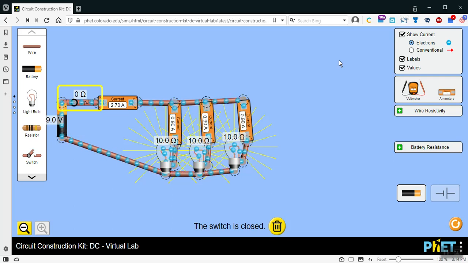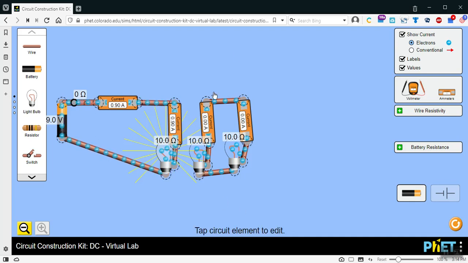And we end up with 3.3 repeating. So if I put in just one light bulb here with 3.33 ohms, I should get the same current. Let's check that. I'm going to disconnect those two and leave those by themselves.